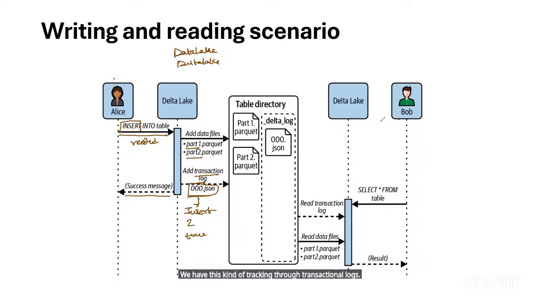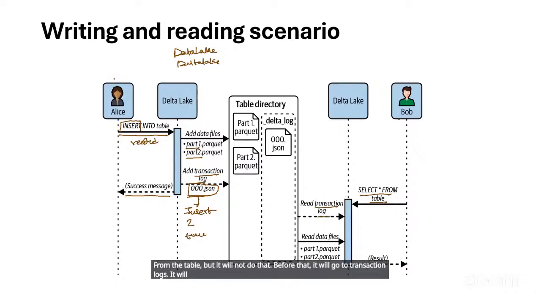Now Bob will try to read it. Select everything from table. See, the table is built on top of these 2 files. Now what actually should Delta Lake do? It has to fetch all the data from the table, but it will not do that. Before that, it will go to the transaction logs.